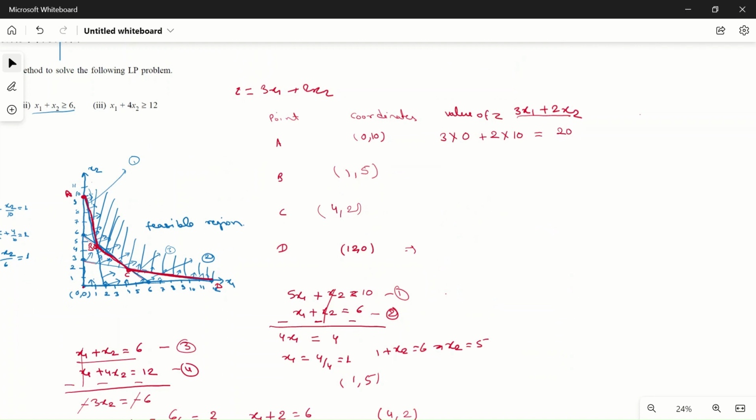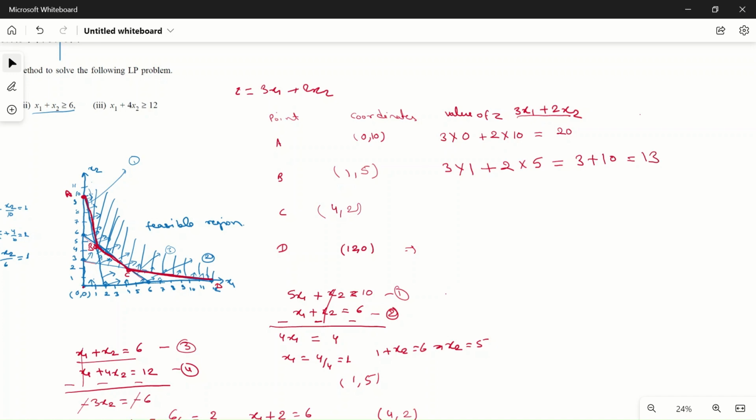At point B, the value of z is 3 into x1, which is 1, plus 2 into x2, which is 5, which will be equal to 3 plus 10, which is 13.